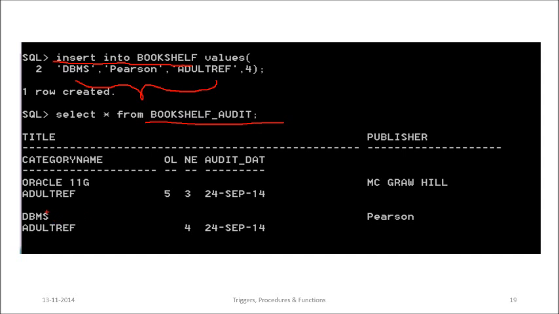So here before only Oracle 11G was there in the bookshelf audit table because of the previous update. Now even the DBMS which is now inserted is also in the bookshelf audit table, but here old value is not there. It is because we are not going to insert any old values here. We are going to insert only new value.